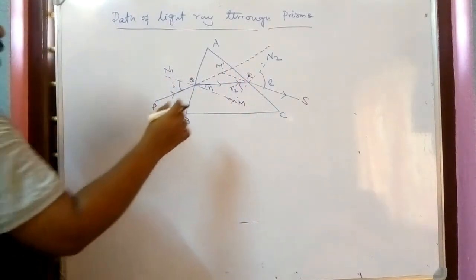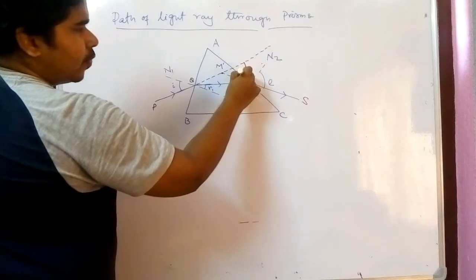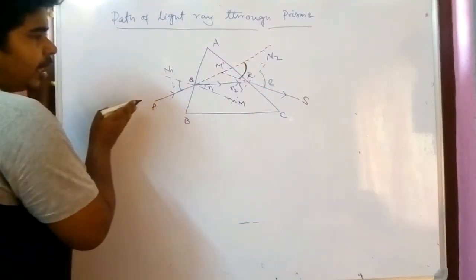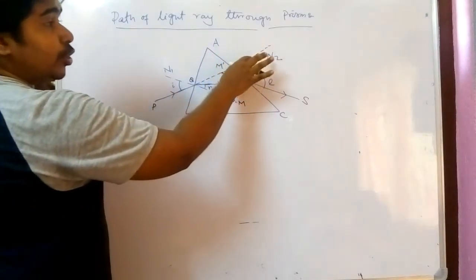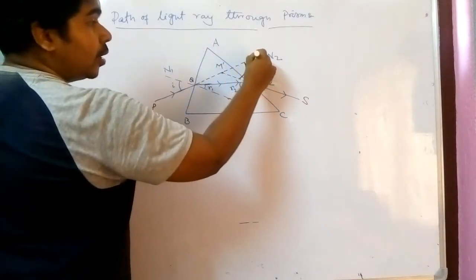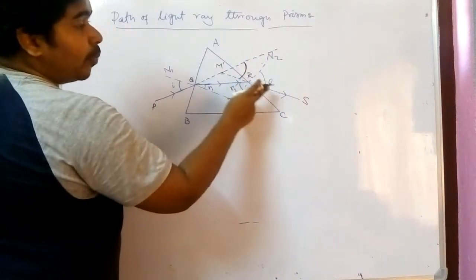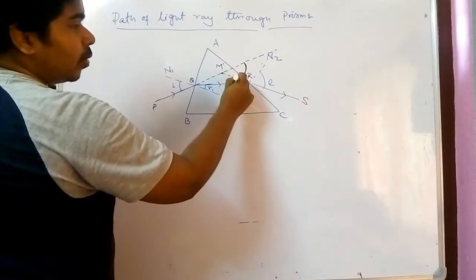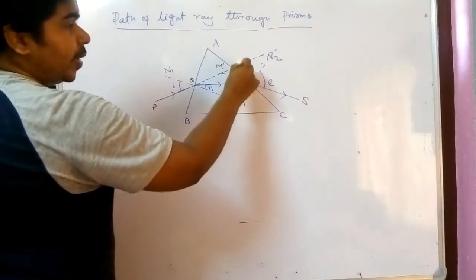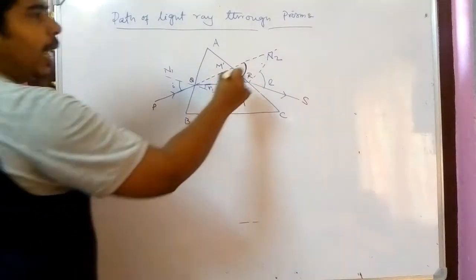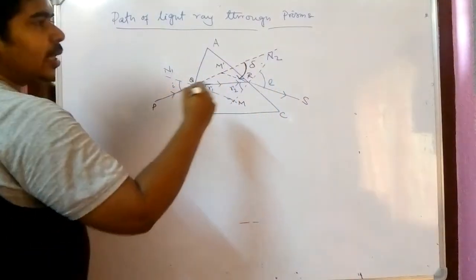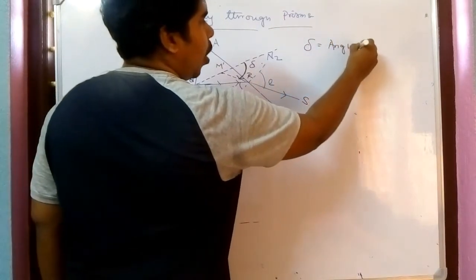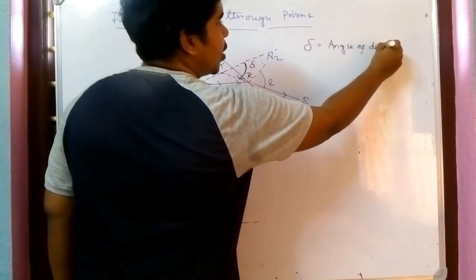Okay, and here we have seen an angle is formed. That angle shows the exact path of the light ray, what it should be, and the second one, the path the ray took due to the presence of the prism. So the path of the light ray is bent by this angle. That angle is known as delta, the angle of deviation.